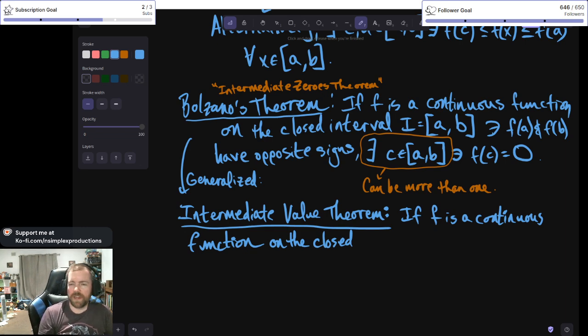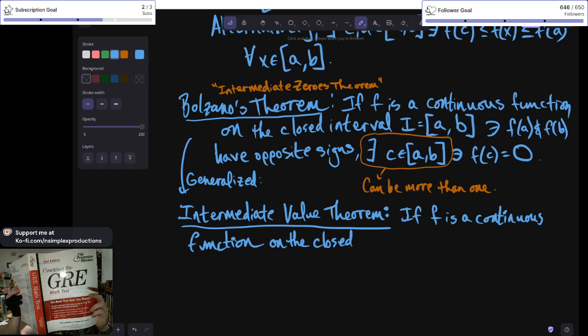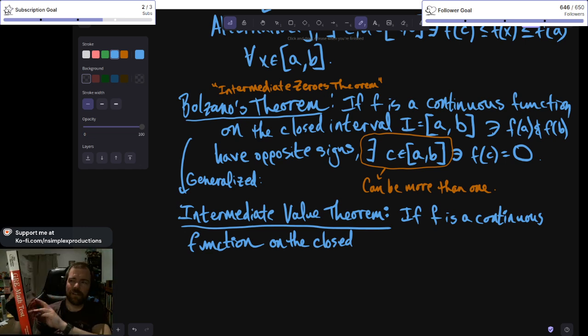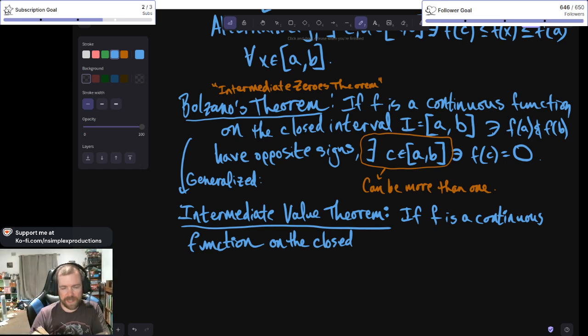Anyway, we are working currently on the calculus portion of Cracking the GRE Math Subject Test, second edition from 2002. It is mostly just a source of problems that we can come up with and be able to explain a whole bunch of stuff at basically all levels between pre-calculus and topology.